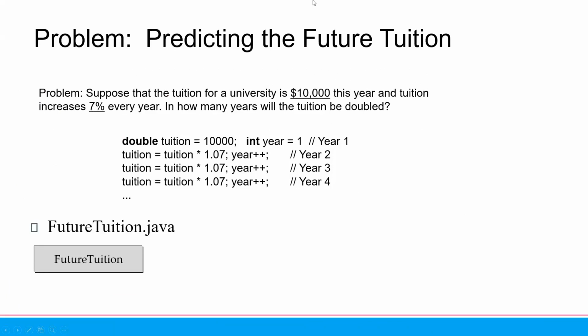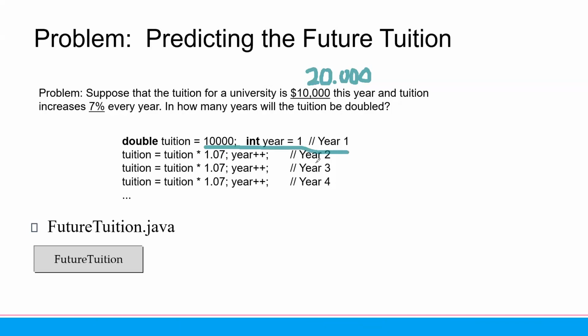Double means 20,000. So until when I get the tuition fee 20,000 US dollars? Of course, the easy one is you can multiply. If the current tuition is 10,000, so in the year 1, of course it is 10,000.